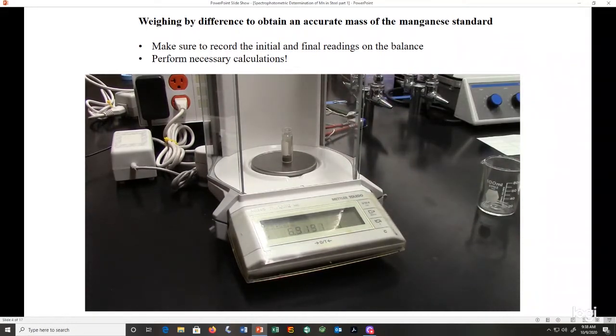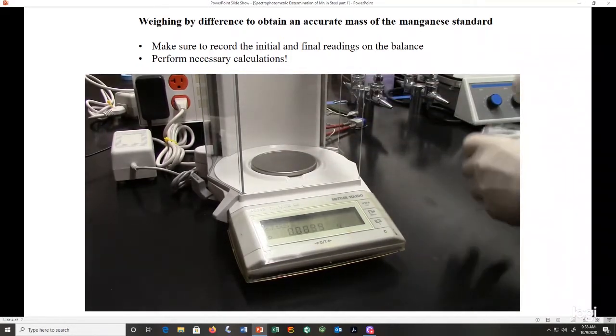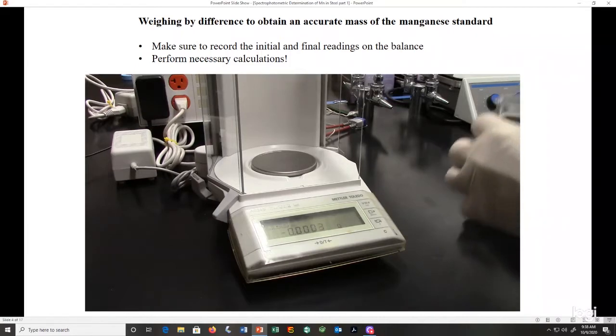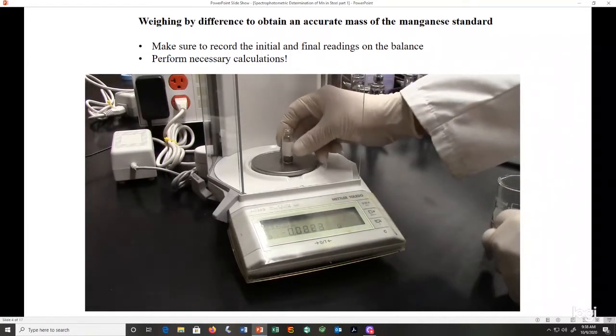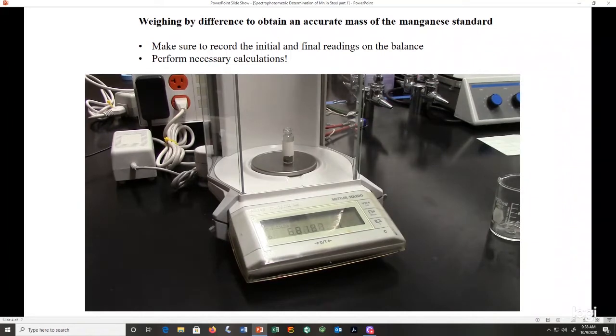And here's our initial value on the balance. And we're going to dispense some into the beaker that we're actually going to use to digest the sample. And here's our final reading on the balance.